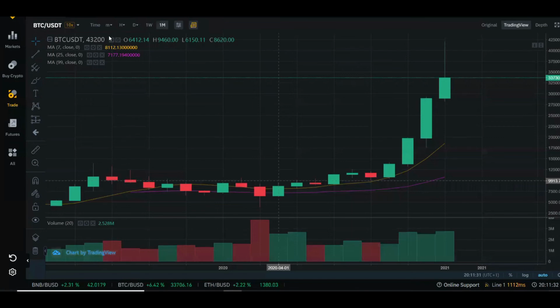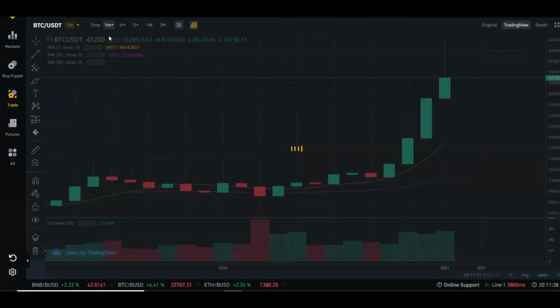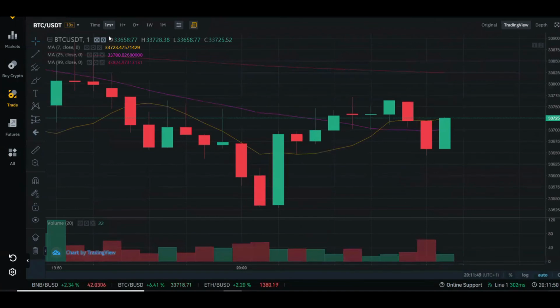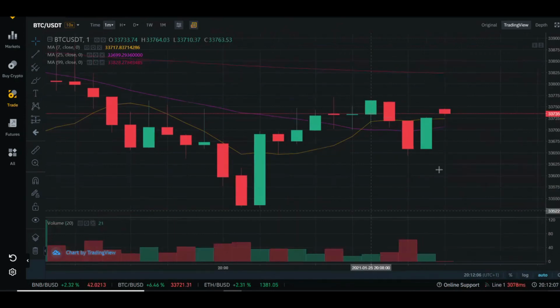A lot of people talk about Bitcoin, but you cannot just make all your profit from Bitcoin on trading. You need to trade other coins, because let's take, for example, if you see the chart, somebody that was just trading on Bitcoin has high chances of actually losing money, depending on when he bought, because the majority of the time, as you can see, the candles are coming mostly down.